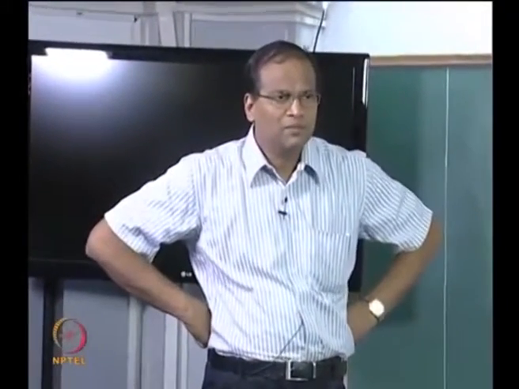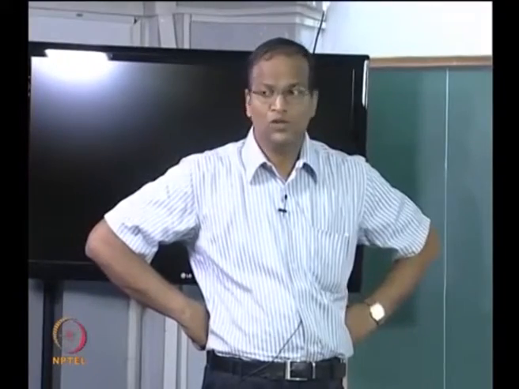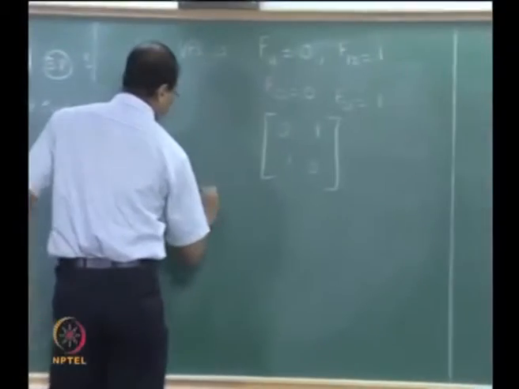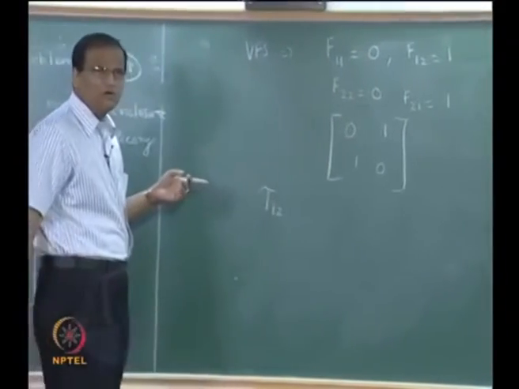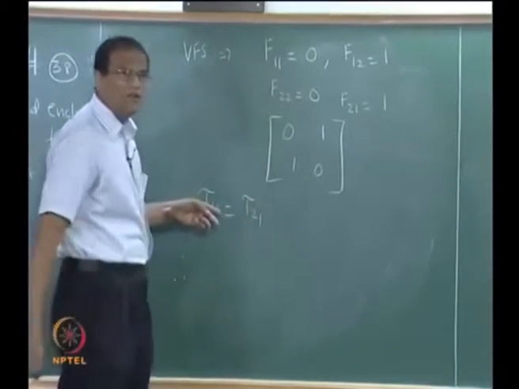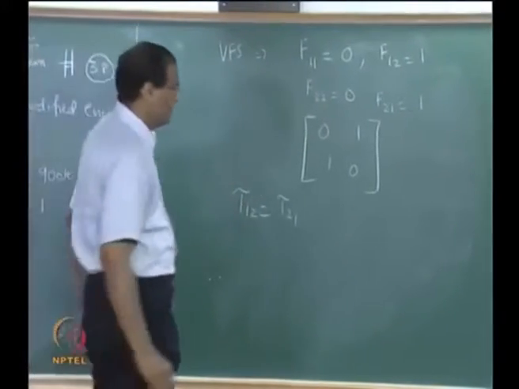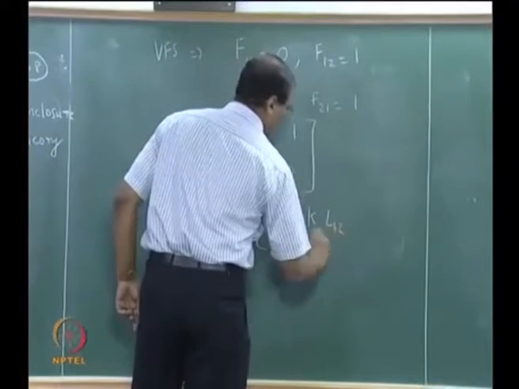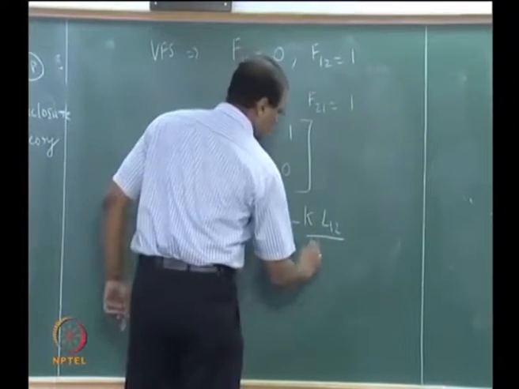Next step, tau g, okay, tau 12. Tau 12 equal to tau 21, yes. Is everybody okay with this, right? Correct.